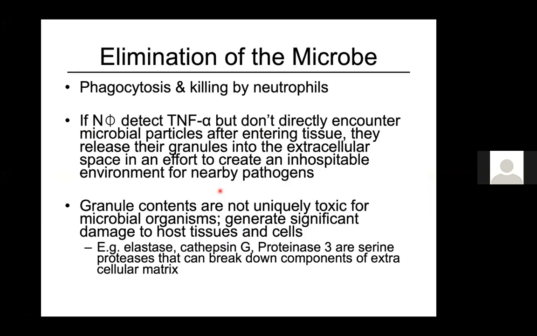And then the enzymes and the reactive oxygen species that are produced would be the ones that cause damage. But I mentioned that these granule contents are not uniquely toxic for the microbes, okay? They'll also cause significant damage to host cells and tissues.